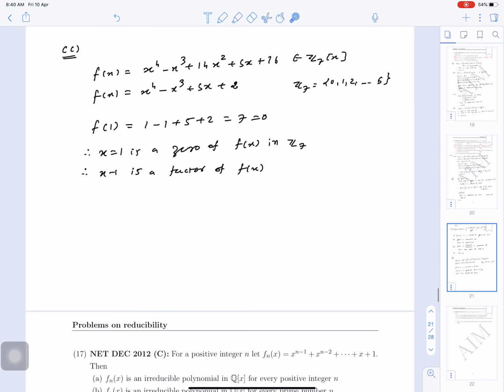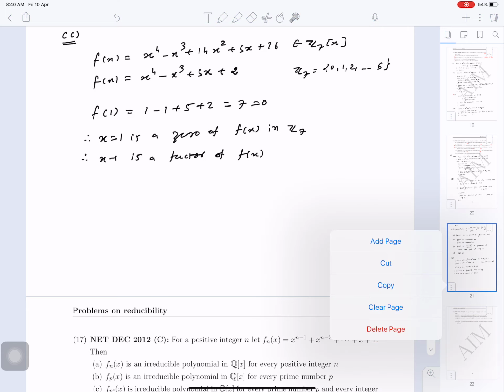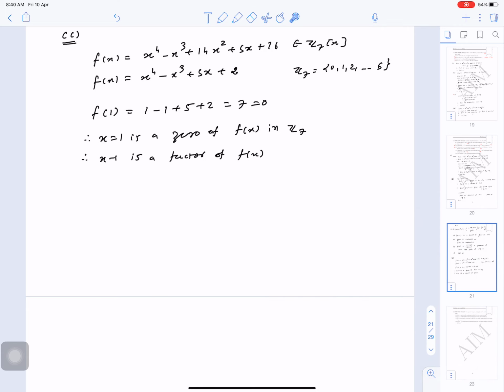So first of all, let us find that degree 3 factor by synthetic division.